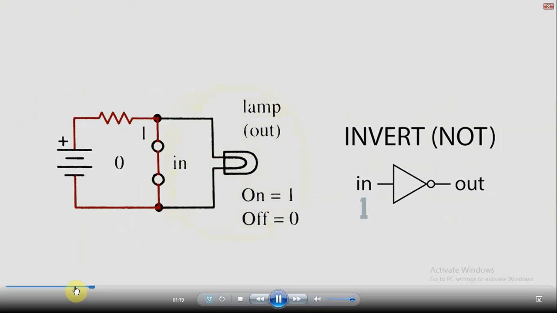Input a 1, a high signal, the switch is closed, and power is diverted through the switch away from the light. The light is off, output is low, a 0. Input a 0, a low signal, it's like the switch is open and power is supplied to the light. The light is on, output is high, a 1. Input high, the light is off, the output is low. Input low, the light is on, the output is high.